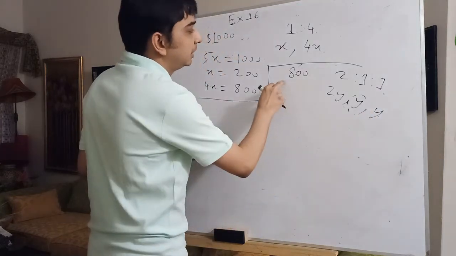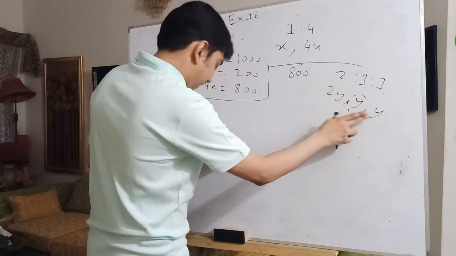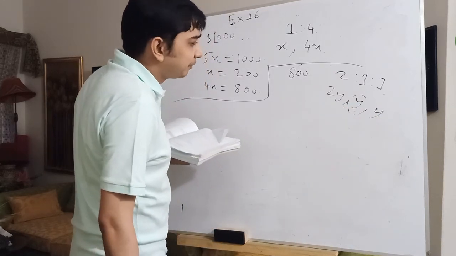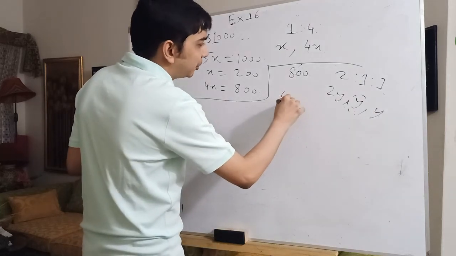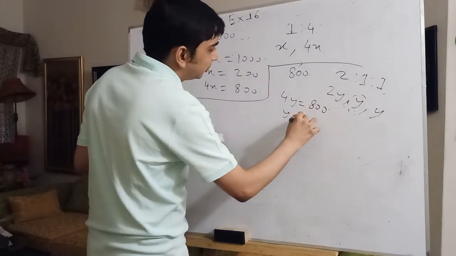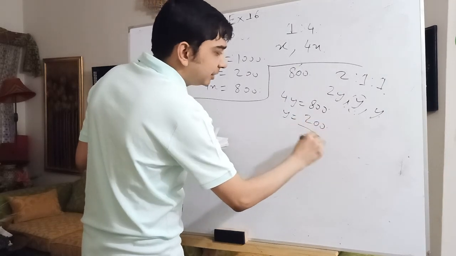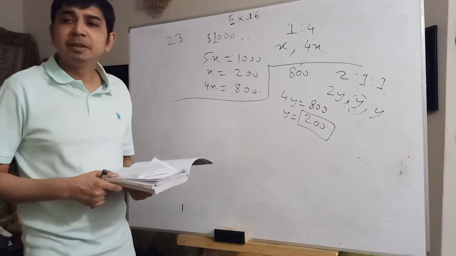So basically the original lady receives 2y, her mother receives y, and her daughter receives y. So this total amount is 4y, which is equal to 800. So y will be equal to 200. This is the amount that the daughter receives.